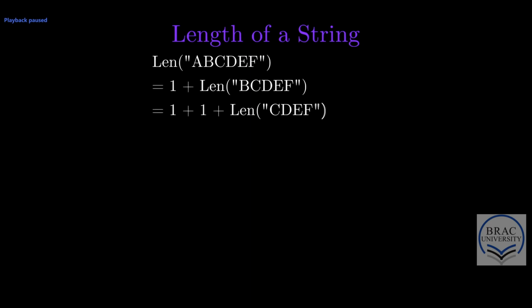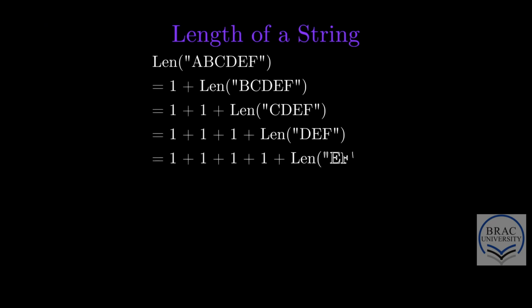Since cdef is also not an empty string, we will just return the second return clause. So 1 plus length of def, like this. This process will continue until we have an empty string.